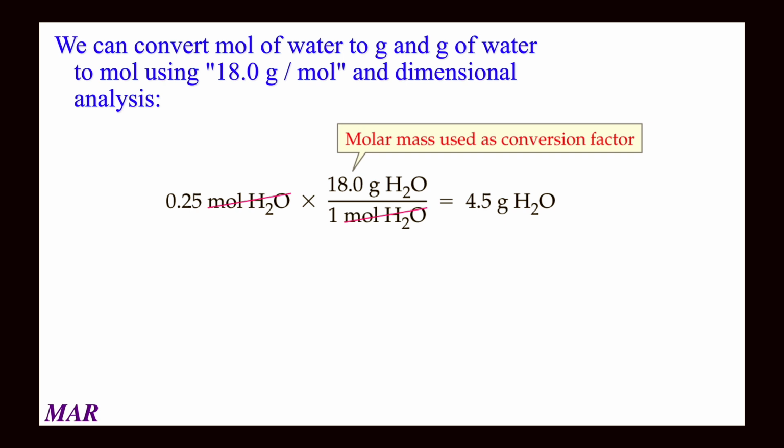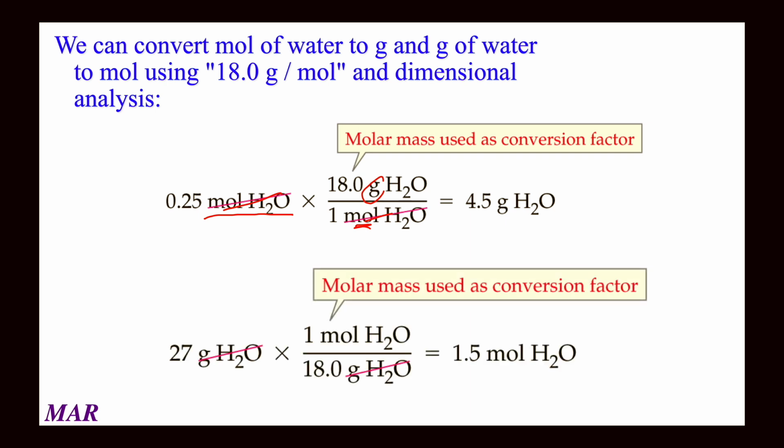So let's say you had 0.25 moles of water and you were curious how many grams that is. No problem. Start with the moles, set up the conversion unit so that moles are on the bottom so they cancel. You're only going to have grams left over. That would be 4.5 grams. On the other hand, if you wanted to go from grams to moles, like all conversion factors, you can flip them.